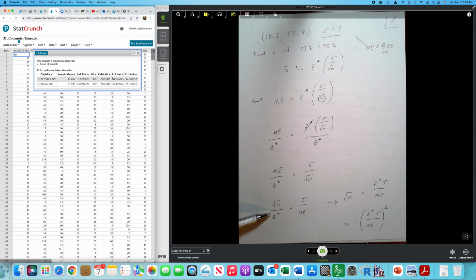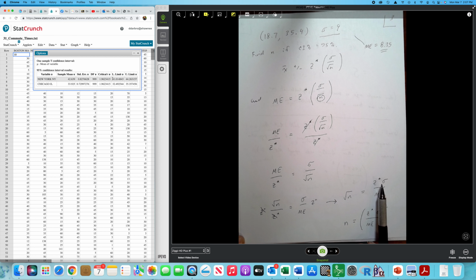When I get to here, what I want to do is isolate the square root of n term. So I'm going to multiply both sides by z critical. When I do that, I get the square root of n equals my z critical times sigma over the margin of error. Then I'm going to square both sides to get rid of the square root sign.